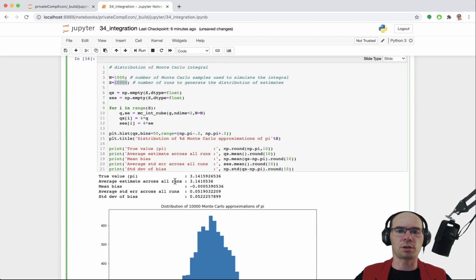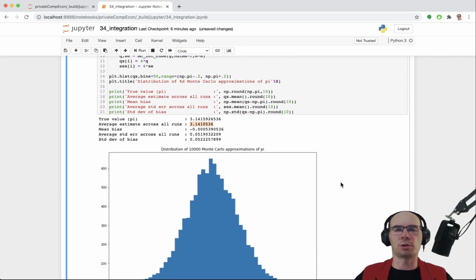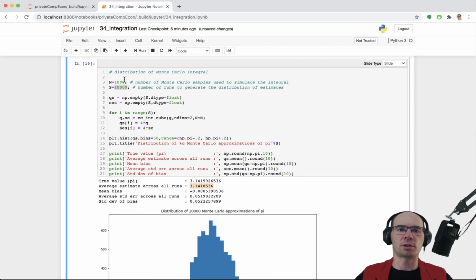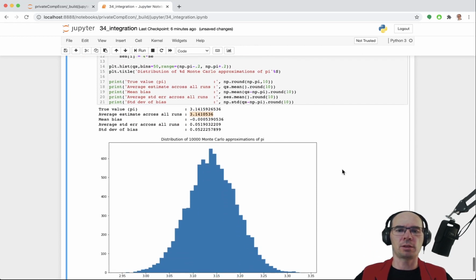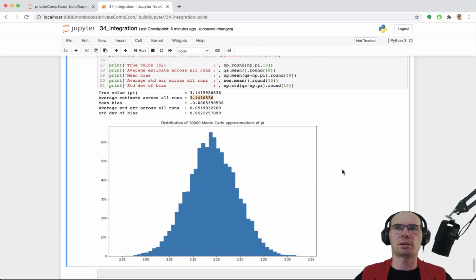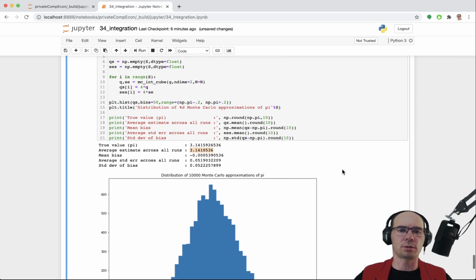This is averaging across the Monte Carlo runs, and therefore the error is sort of averaging out to give us an even more precise number here. But this is not what you would do in practice, right? You would just use a large number of Monte Carlo draws. With this exercise, we're studying the properties of the estimator itself.